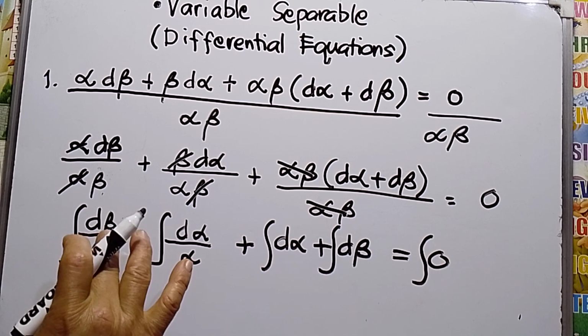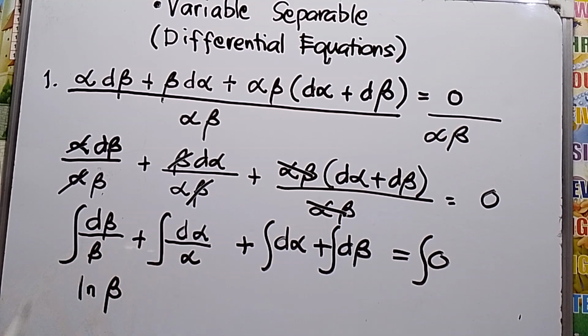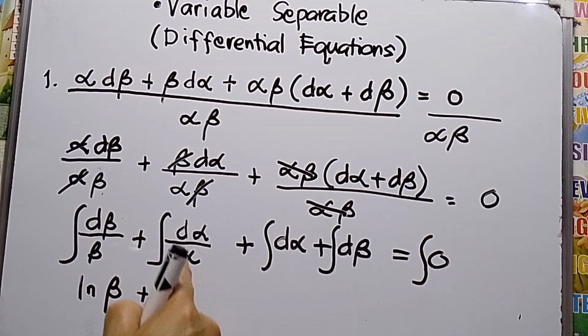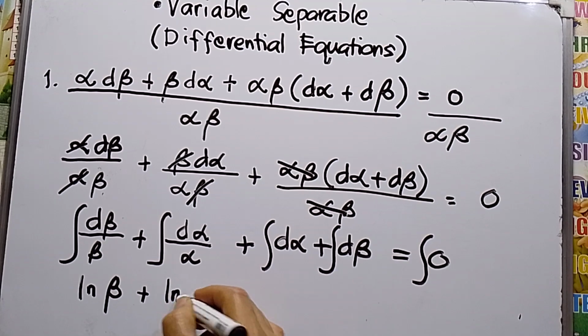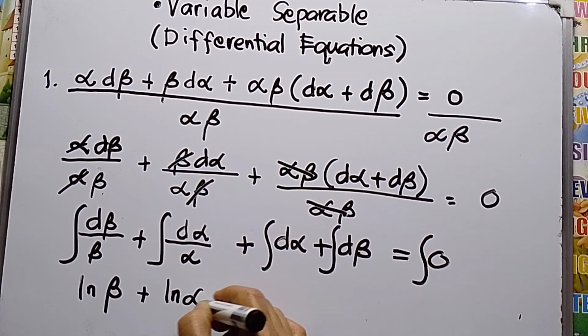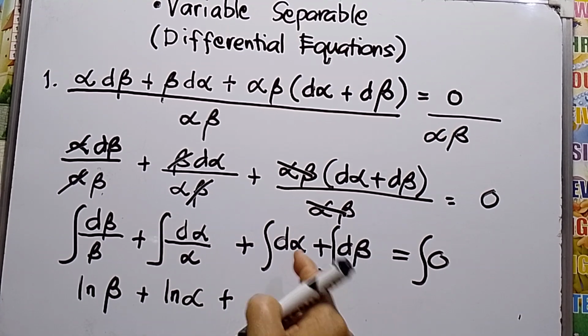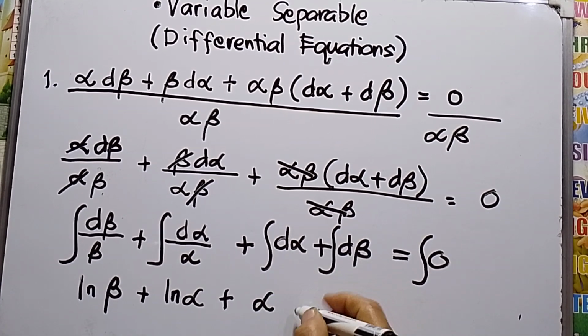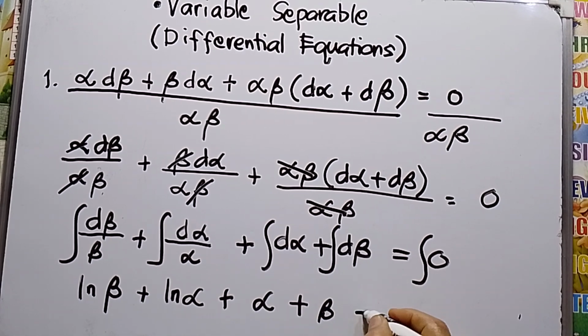So this is taught in integral calculus. Then plus integral of d alpha over alpha, that will be also ln or natural logarithm alpha. Then plus integral of d alpha will be alpha. Then plus integral of d beta is beta. And then this will be constant.